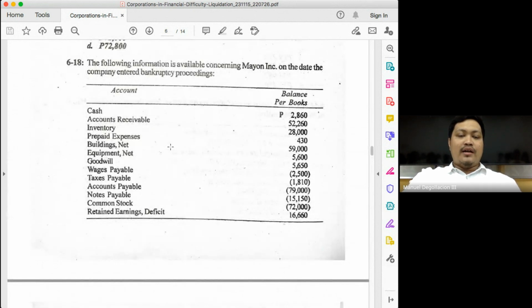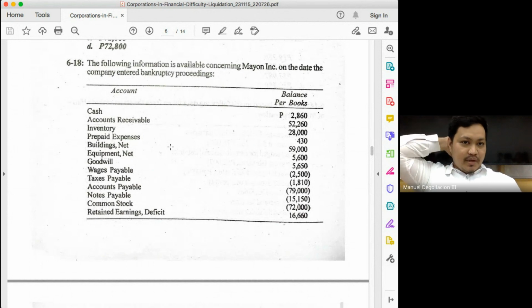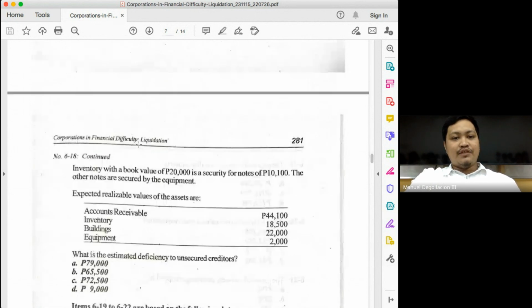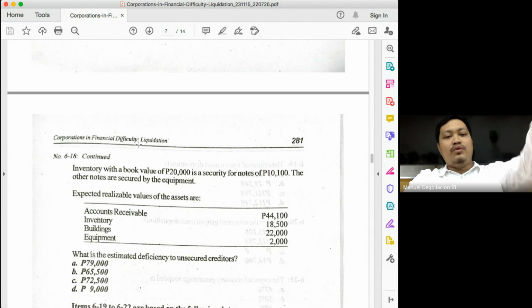total value of our assets for liquidation purposes, meaning we should be basing it on their fair values or their net realizable value. Of course, for cash, if you notice in the table given in the second page of the problem, the expected realizable values do not include evaluation for cash because you're already expected to know that the fair value or the recoverable amount of your cash is simply equal to its face value.